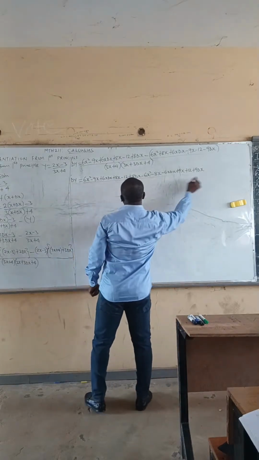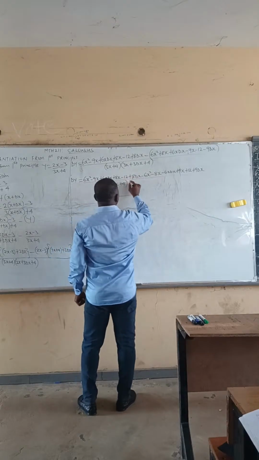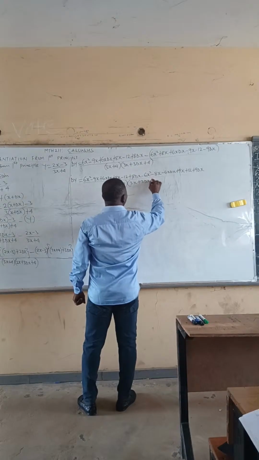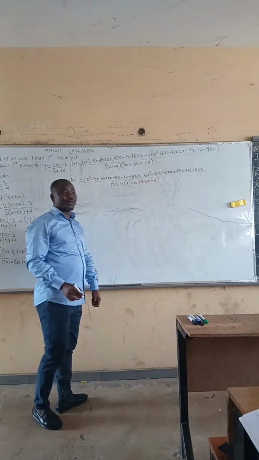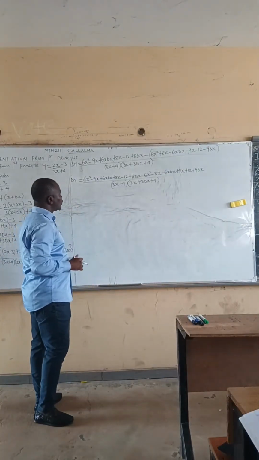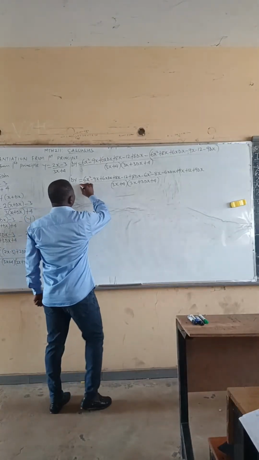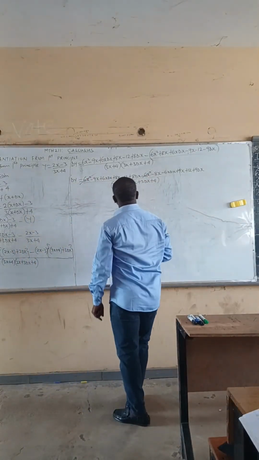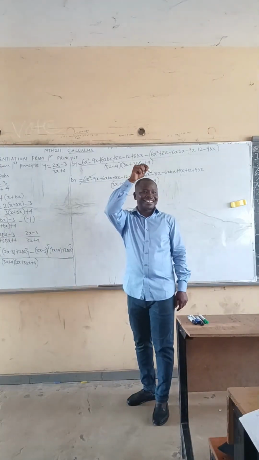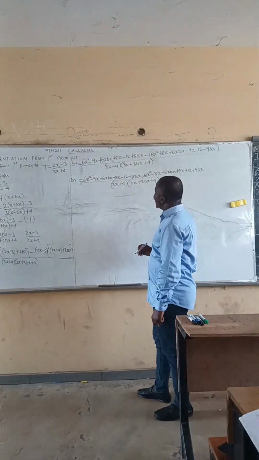All over 3x plus 4, open brackets, 3x plus 3x plus 4. So far, so good. You don't need a prophet to tell you this and this will go. This is the prophet.